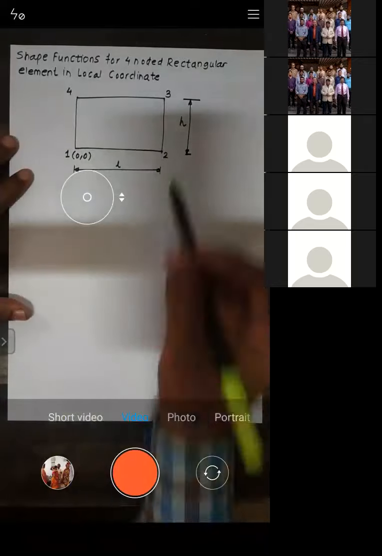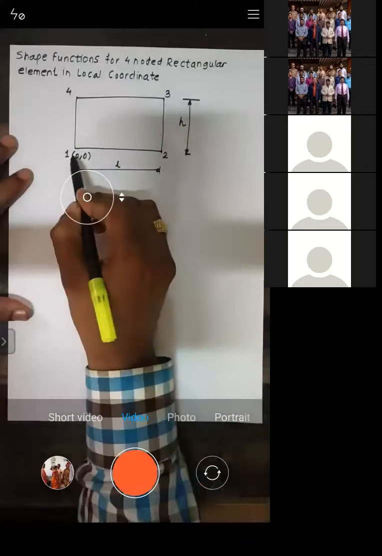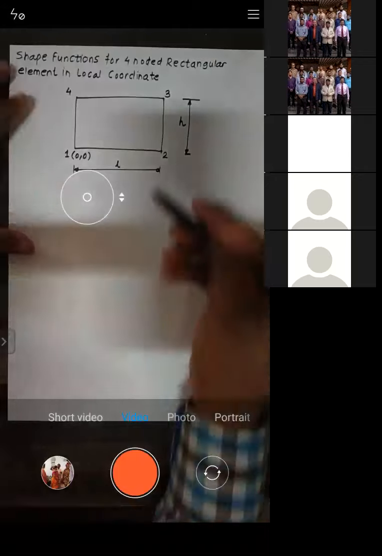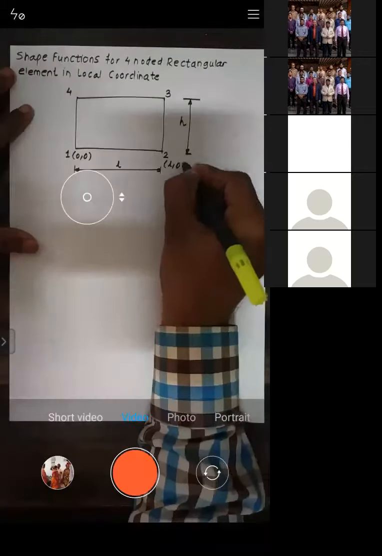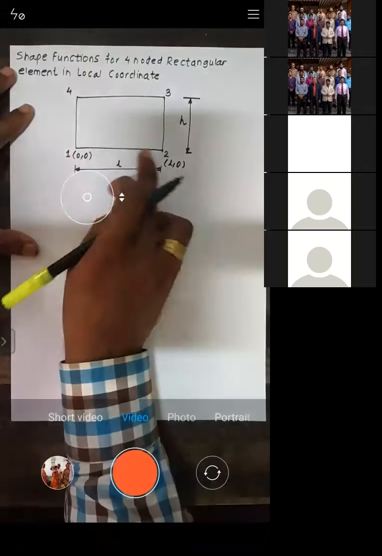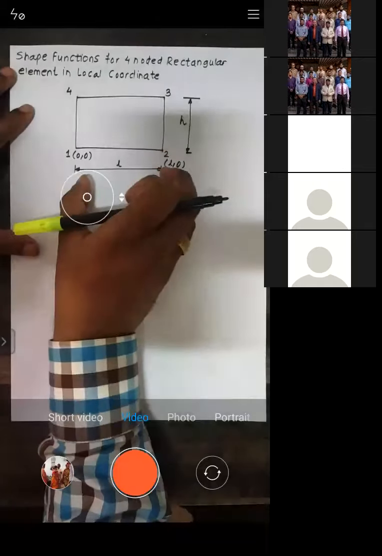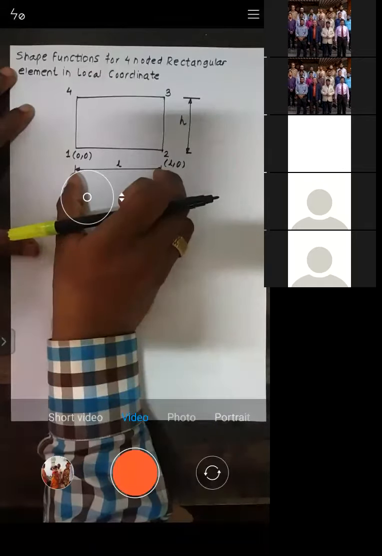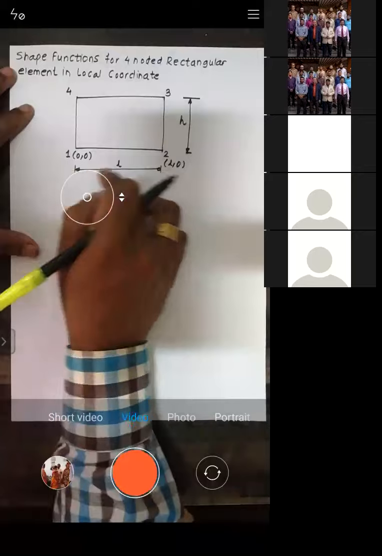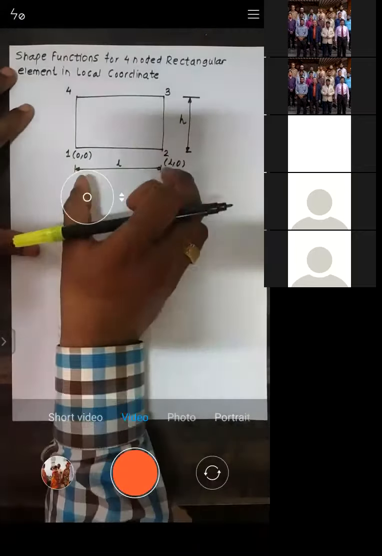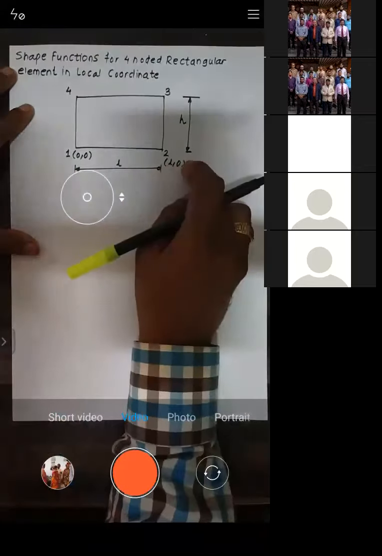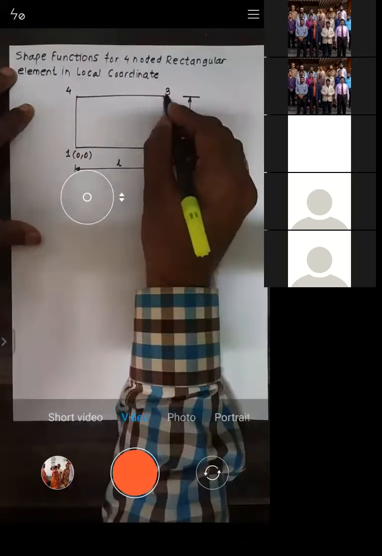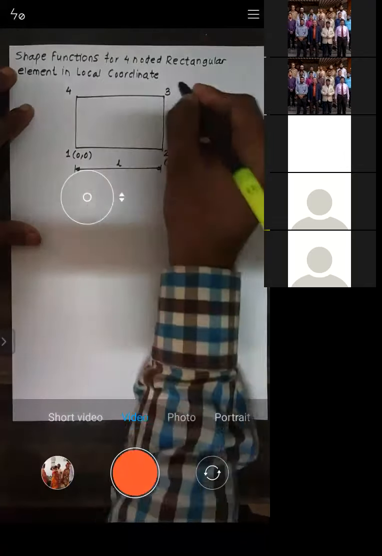What is the coordinate of node 2 with respect to node 1? It's L comma 0. Because when you move from node 1 to node 2, you're moving only in the horizontal direction by length L. Now what is the location of node 3 with respect to node 1?